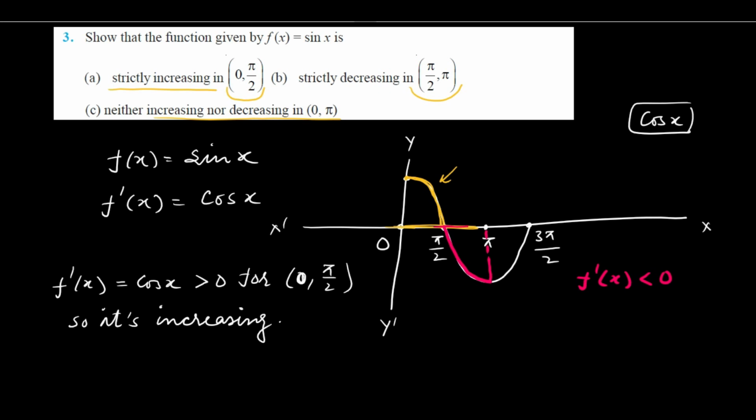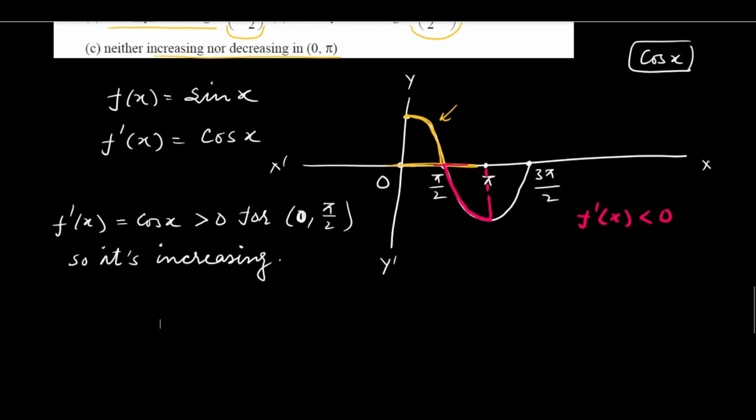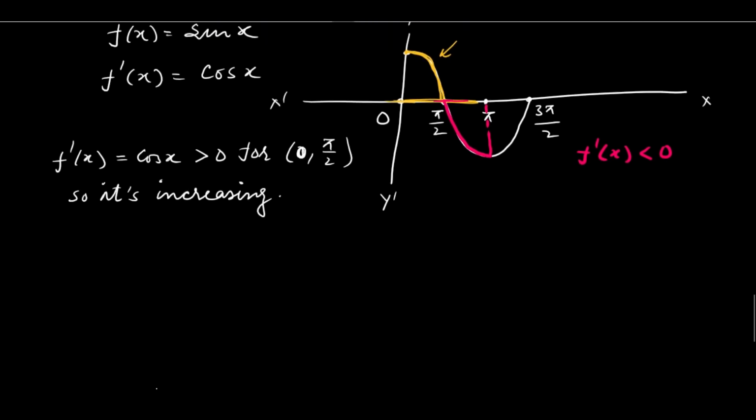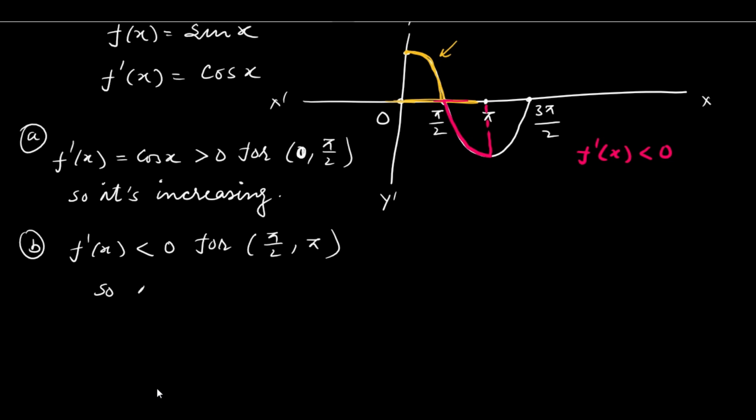So f'(x) is less than 0 for pi by 2 to pi. So it's decreasing.